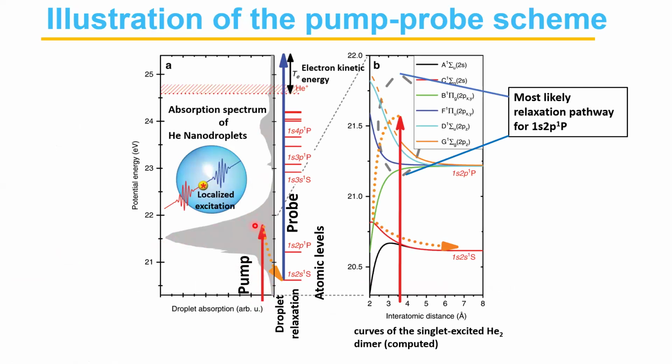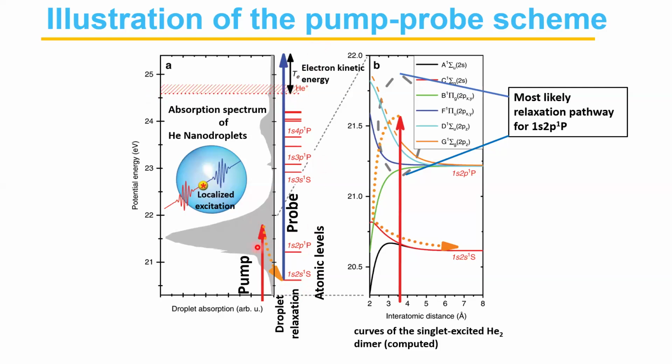But there exists some sort of an internal relaxation or internal conversion method, which leads the state to be relaxed to this 1s 2s state, from where you have a probe pulse around 4.8 eV, which excites it beyond the ionization potential of the helium nanodroplet, which is around 24.6 eV, and whatever balance energy is there comes out in terms of the electron kinetic energy.